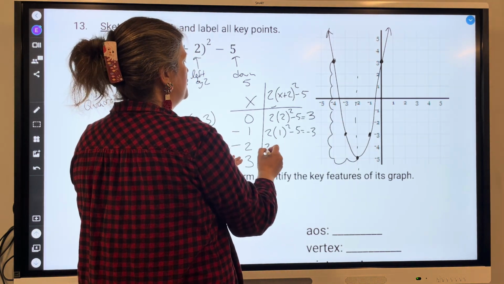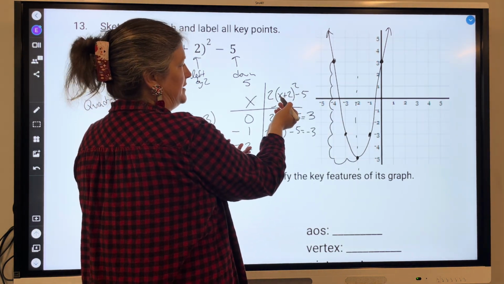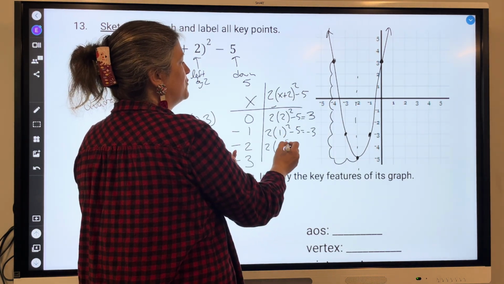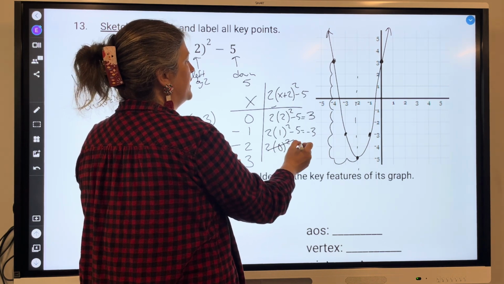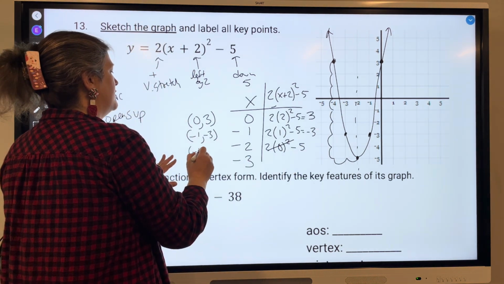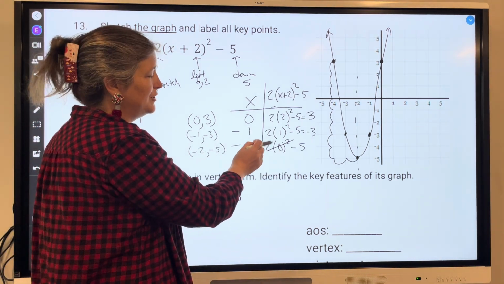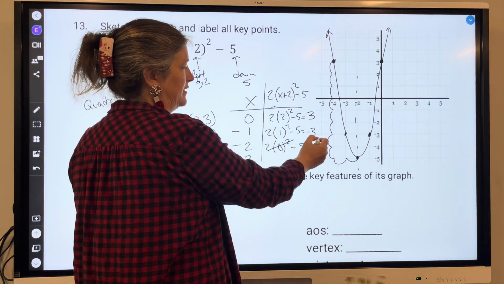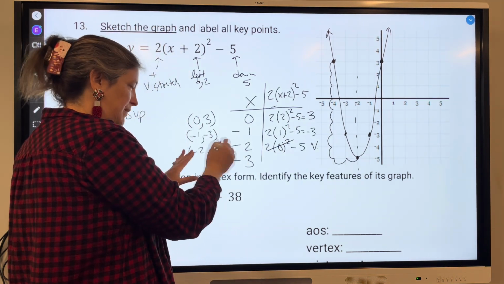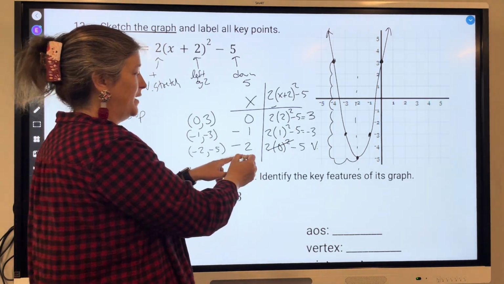-2 now, 2 times -2 plus 2 is 0 squared, makes this whole piece go away, and I get -5. So -2, -5, that was my vertex. When I get 0 in the parentheses, that is a clue that this is my vertex. But I'm also going to get another clue when this happens.